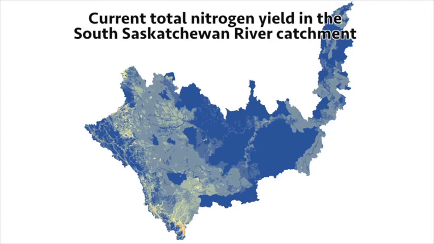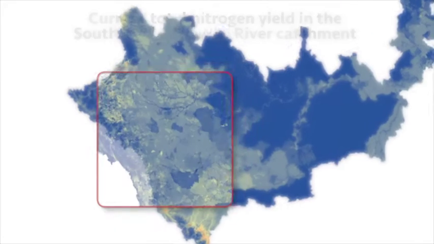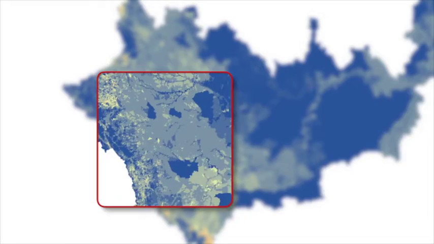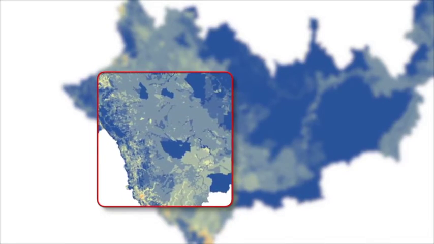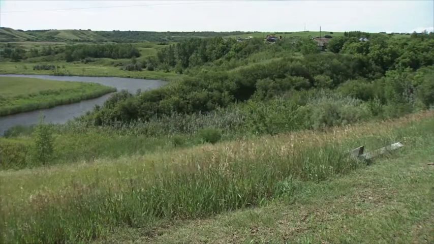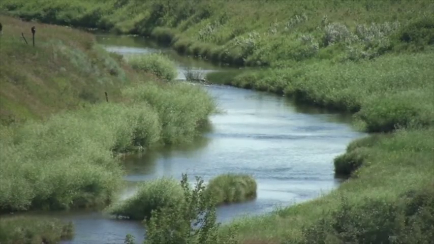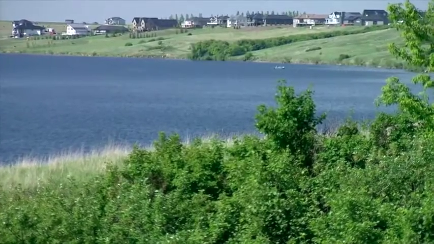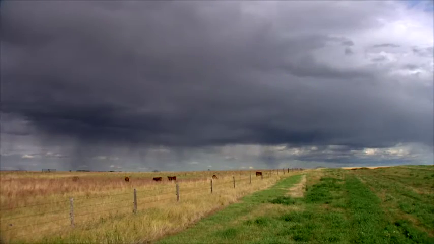What I'm showing you is an averaging of the nutrient loadings over a longer period of time. We see here the lighter colors where we have a higher nutrient loading into the South Saskatchewan River system. This also provides us an opportunity to look at how things might change in the future through land use changes and climate changes. So we replace our land use data sets with new data sets.